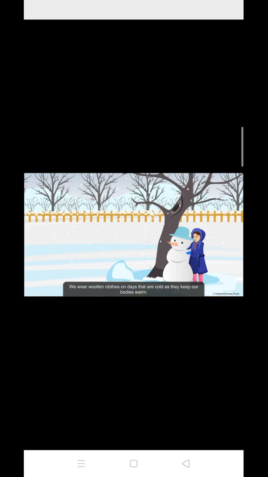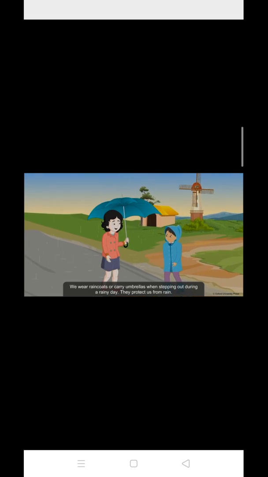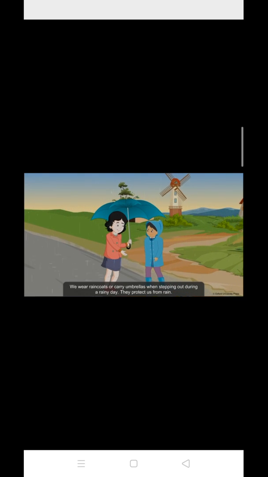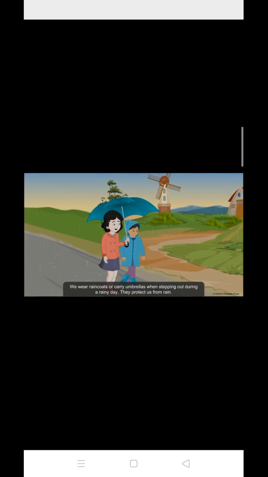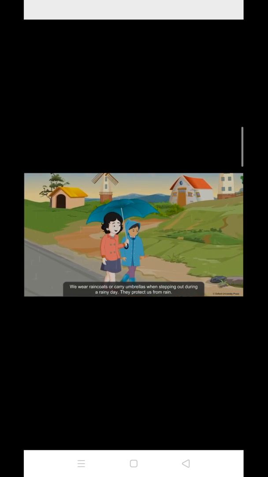They keep our bodies cool. We wear woolen clothes on days that are cold as they keep our bodies warm. We also wear shoes and socks as they protect our feet. We wear raincoats or carry umbrellas when stepping out during a rainy day. They protect us from rain.